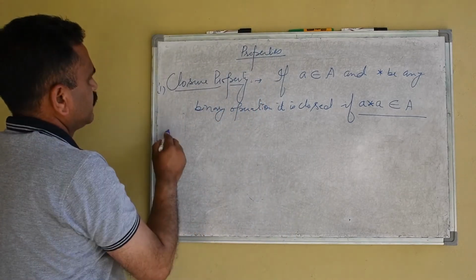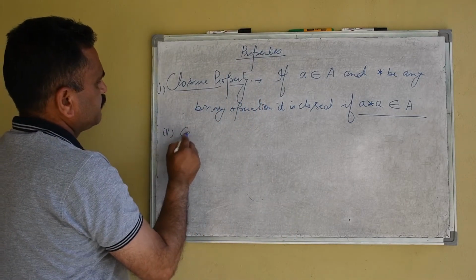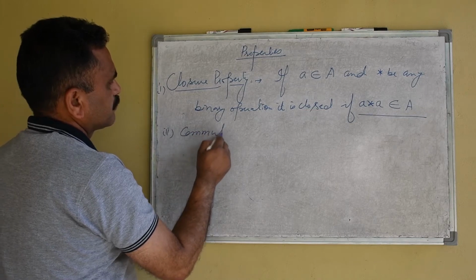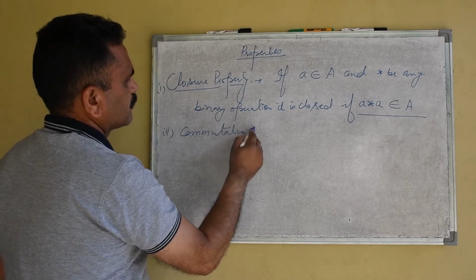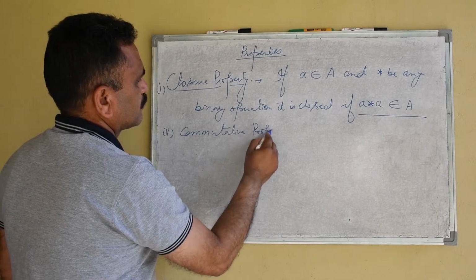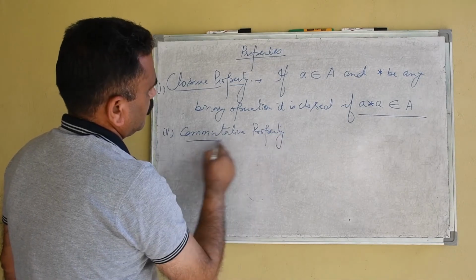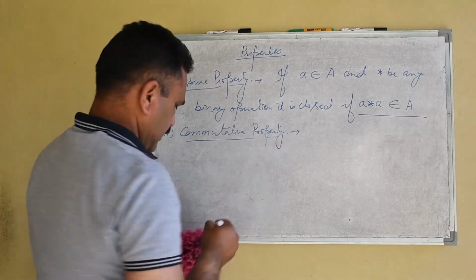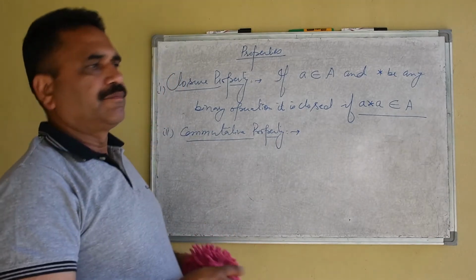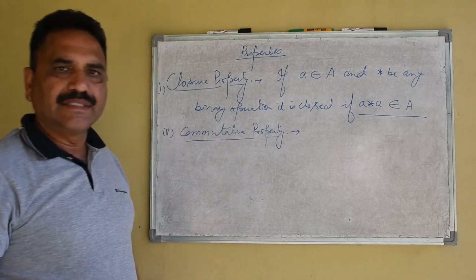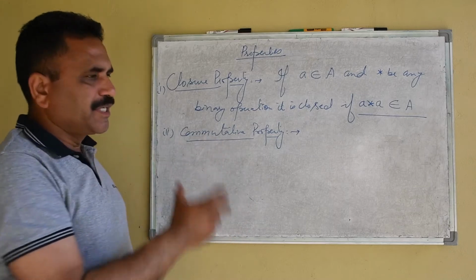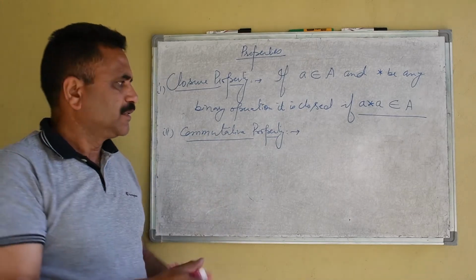Second, commutative property. As we have studied this in our earlier classes, 6th onwards, commutative means when we change the order.